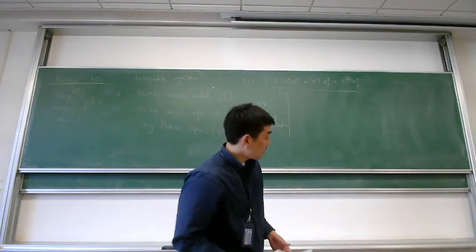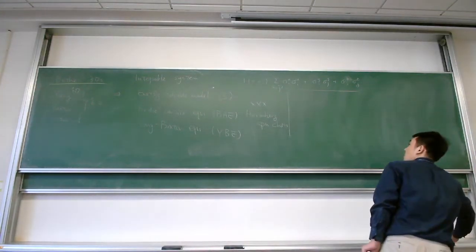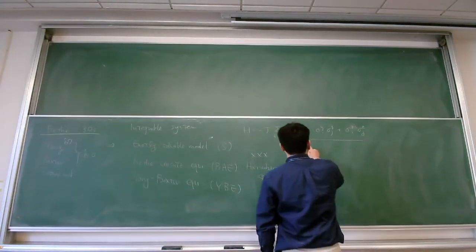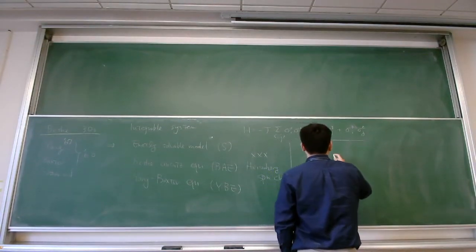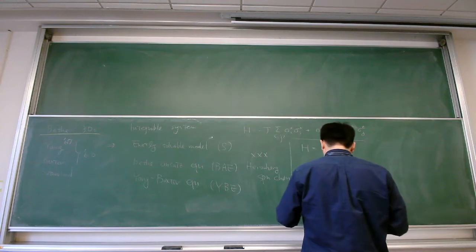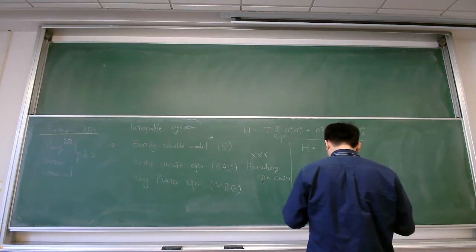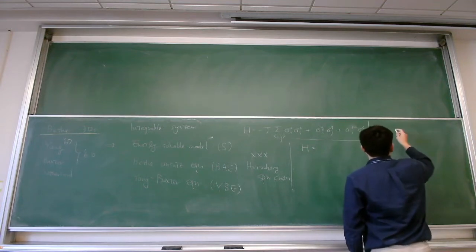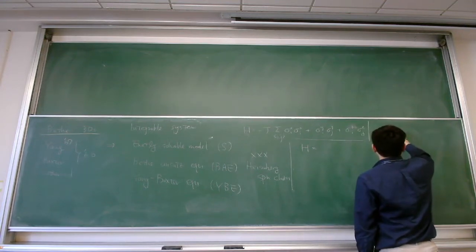Okay, so to introduce the Bethe ansatz, the simplest Hamiltonian is this one. You start with 1 plus 1 dimensions, so spacetime is d equal to 1 plus 1.